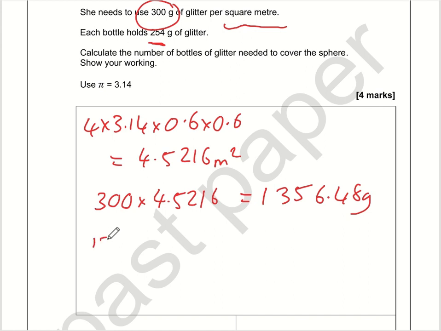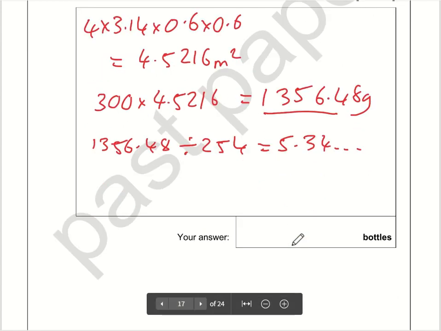So we're going to take that number, 1356.48, and divide by 254, and we will get roughly 5.34. It's closer to 5 than 6, but if we only have 5 bottles, 5 times 254 grams will be less than this amount here. So we're going to have to go up to 6 bottles. Just means we're going to have a bit of glitter left over.